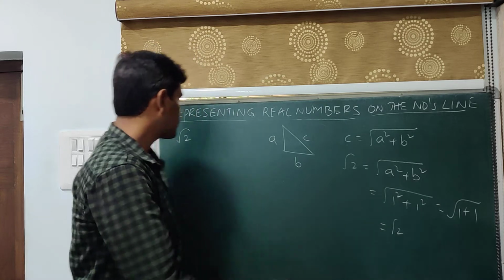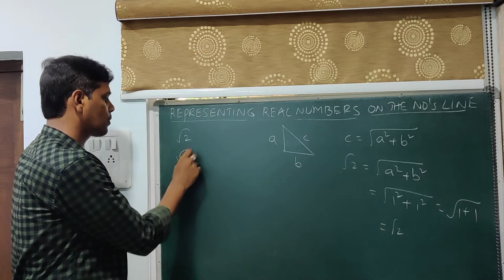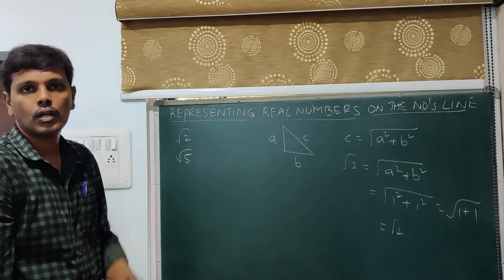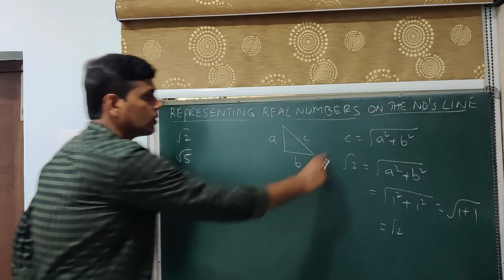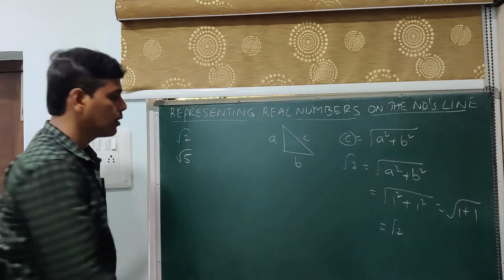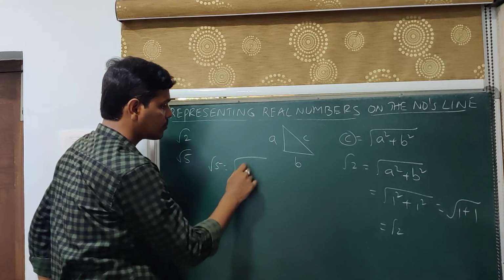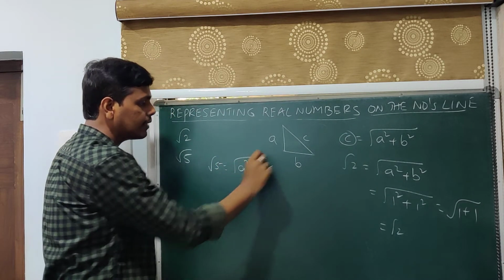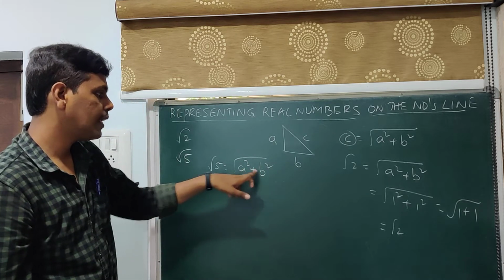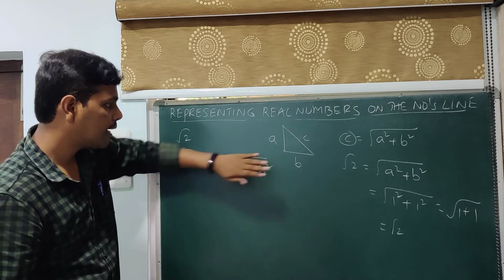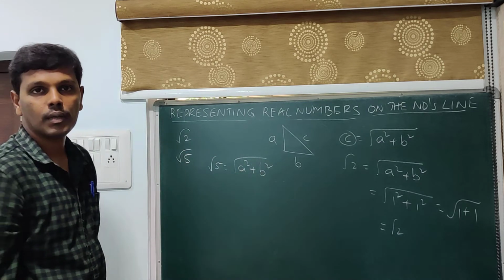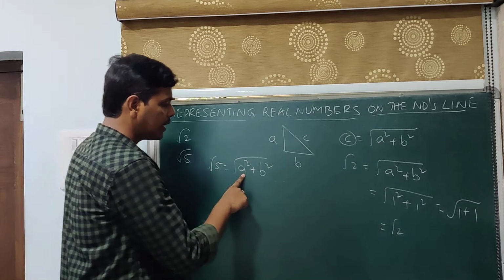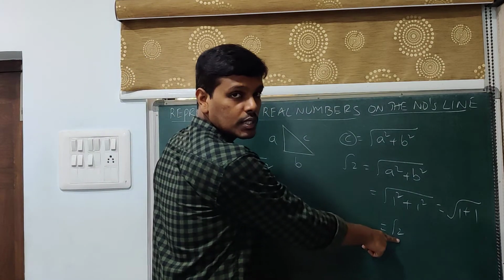Yes. Now suppose you want to construct root 5. Again we need the length. So this should be root 5. Now again think of what numbers you need to place in A and B, so that this entire thing will be root 5. If I take A as 1, B as 1, I'll get root 2, which I have already checked.